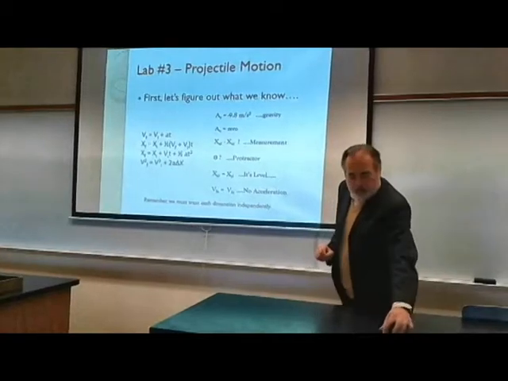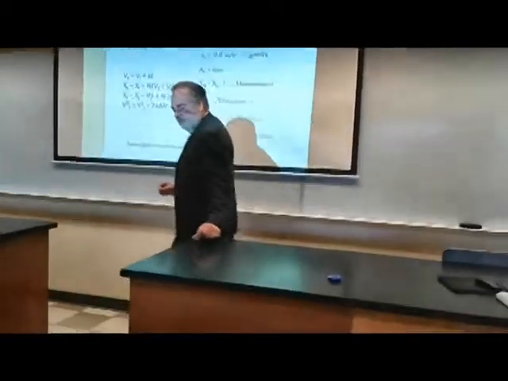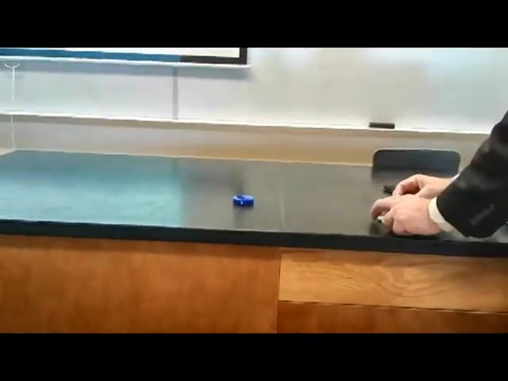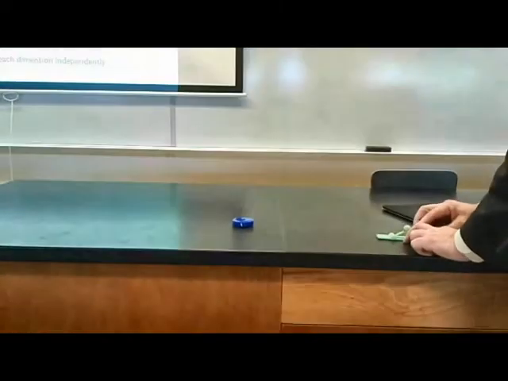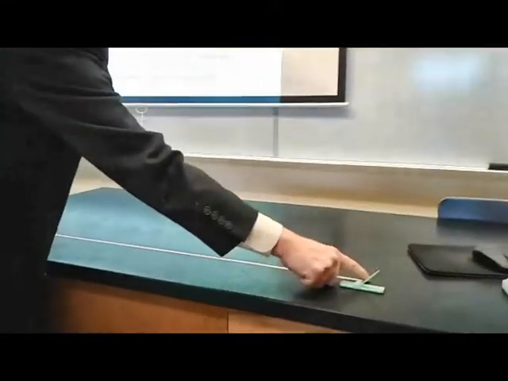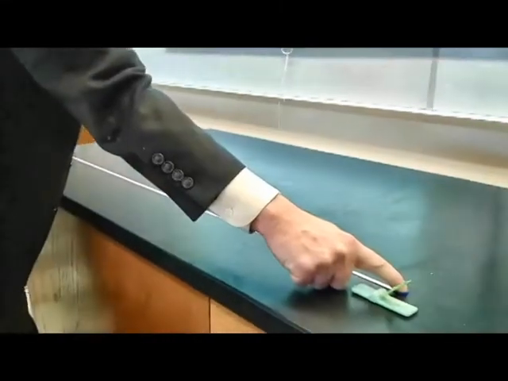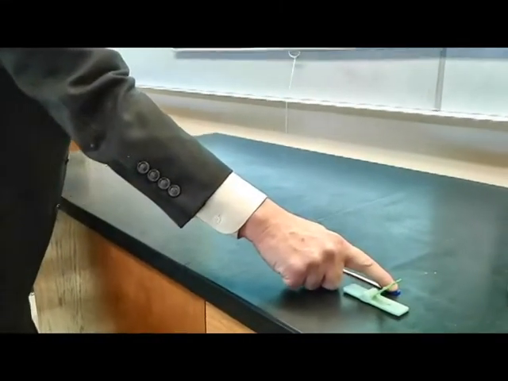When I launch a marble, let's do that right now. And you'll use this launcher. We can launch it and we can measure the distance of the launch, how far it went, in millimeters.